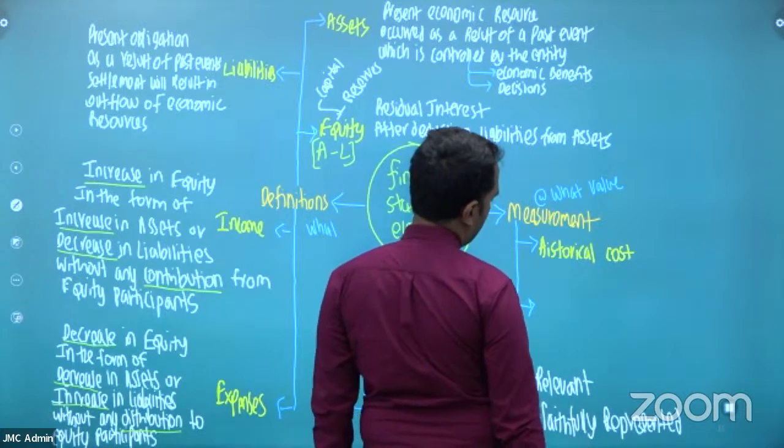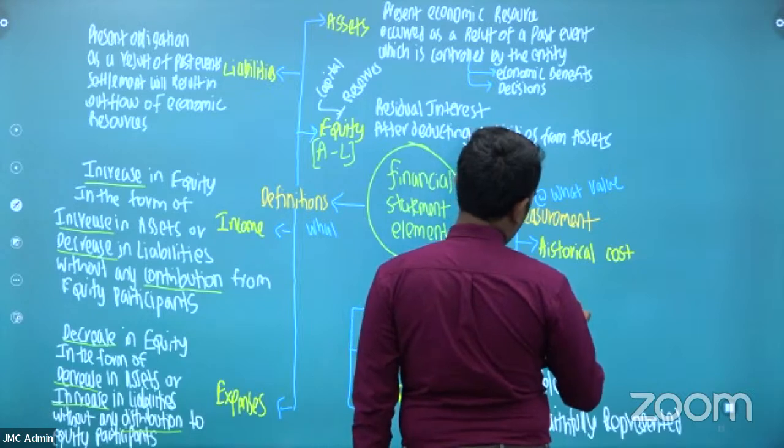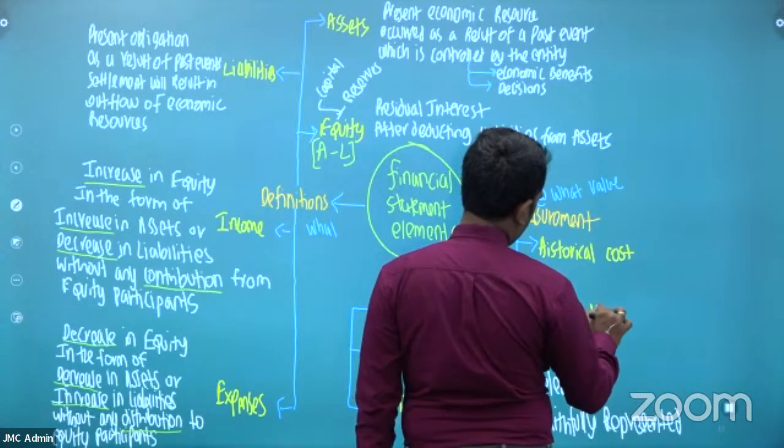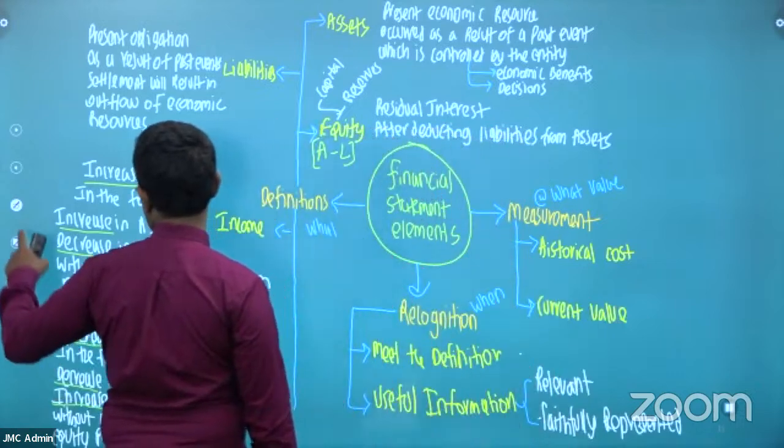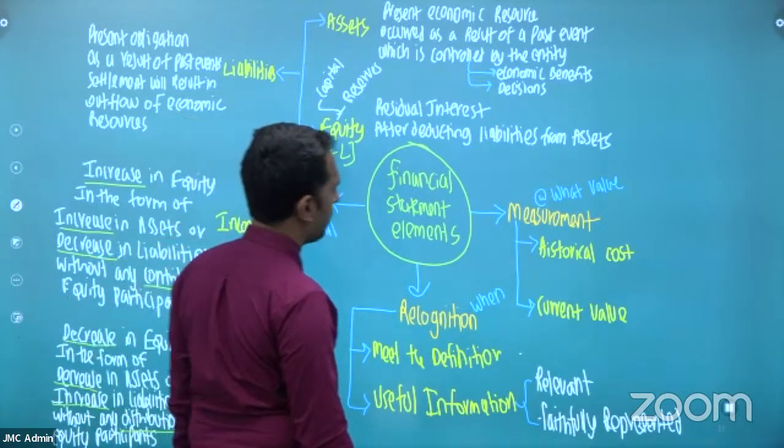One is the historical cost basis. The other one is the current value.